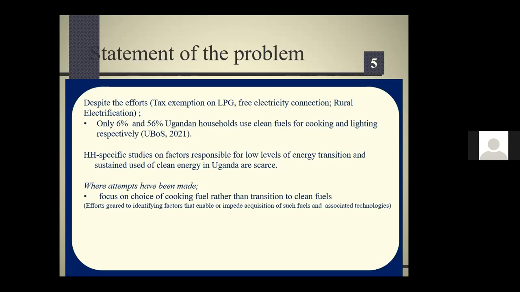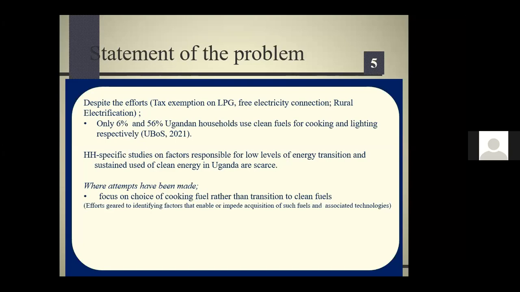Now, there are quite a number of studies that are meant to identify the factors that are responsible or that could explain why there is this low level of transition.